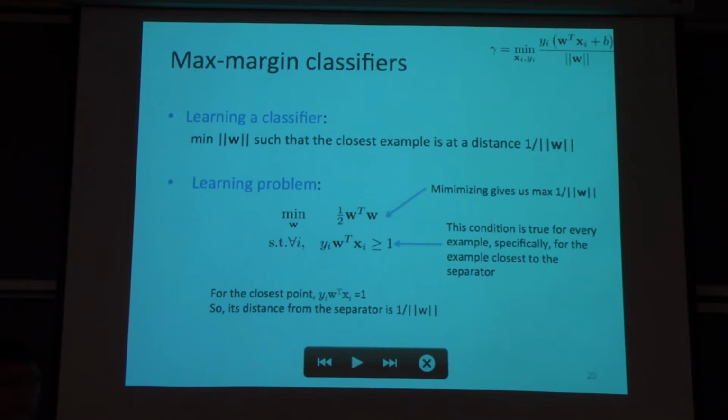We use the freedom to rescale the weight vector to formulate the optimization problem in terms of minimization of the weight. So far, we have seen this in the last lecture.